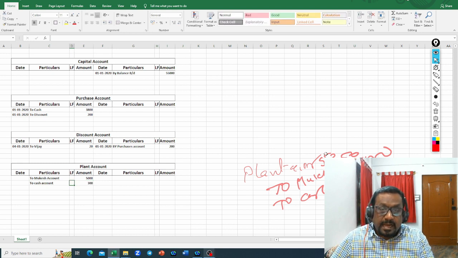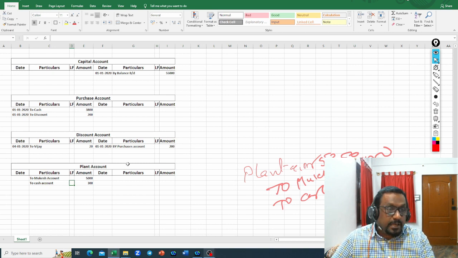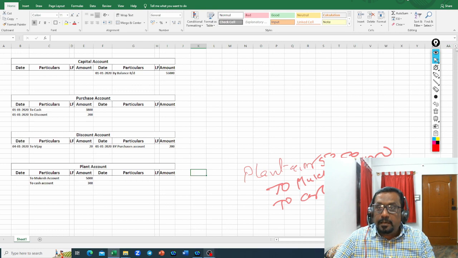This is how. Plant is debited, so I need to write it in the debit side. What is left in credit? To Mukesh, to cash. So put together 5,300. Whatever amount is mentioned opposite to plant account is matching. This is 5,300. Clear?